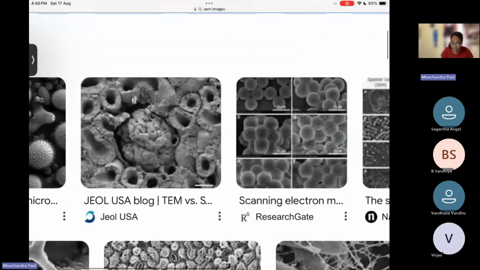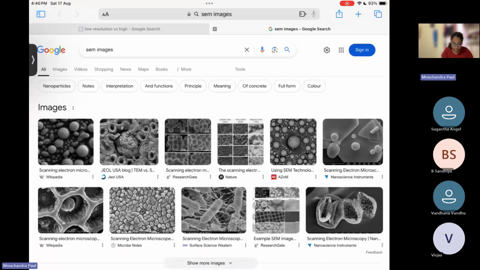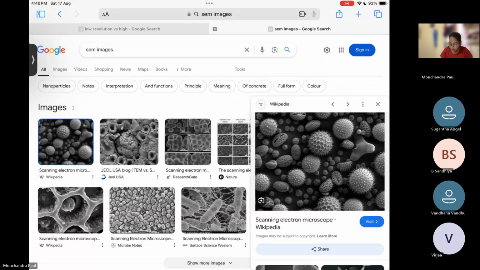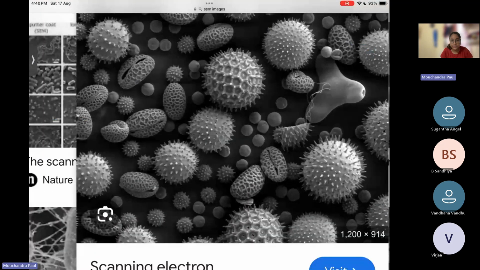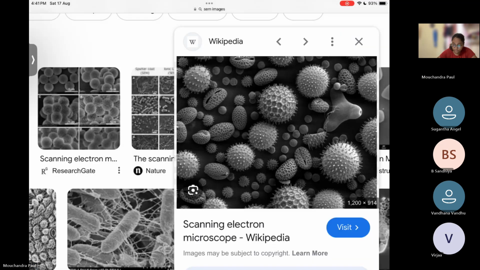So this is how some of the images look. You see how detailed the images are here, even the spikes and the dots, very detailed in nature. This is how an SEM image or electron microscopy image looks. Here you can only capture an image of the surface.